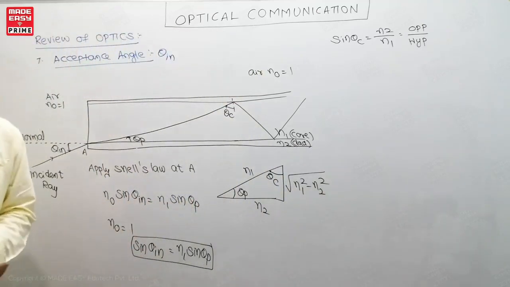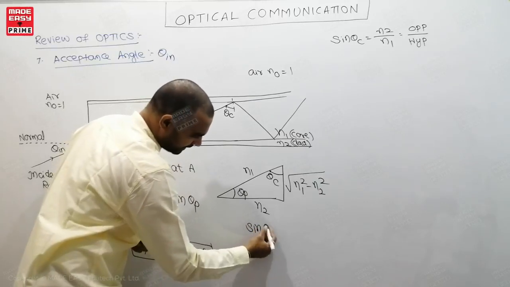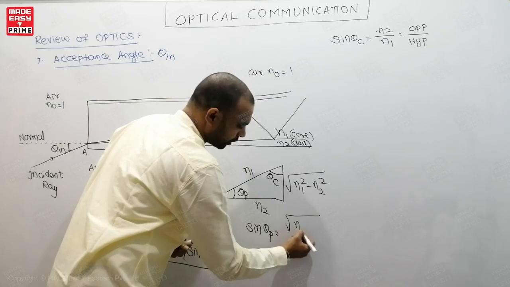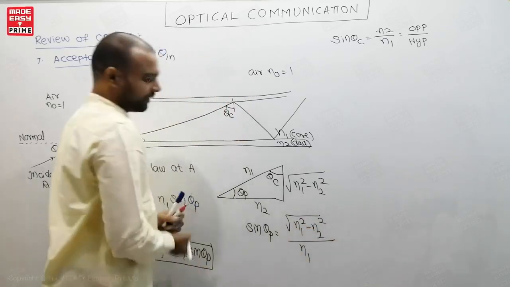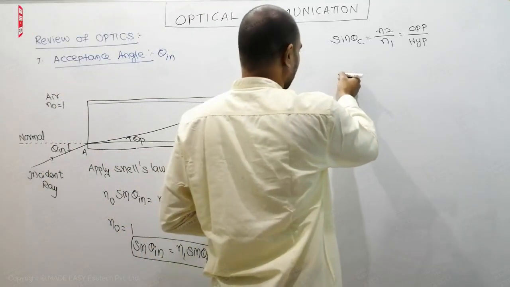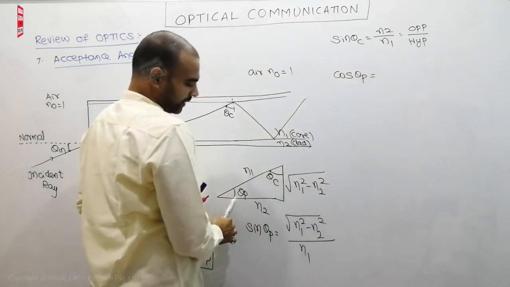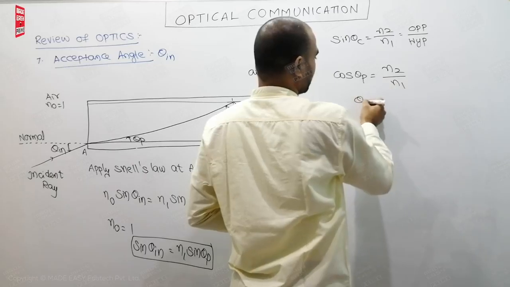From this triangle we can write sine theta p as opposite by hypotenuse, that is, the square root of n1 square minus n2 square, whole divided by n1. Similarly, we can write cos theta p, which is n2 by n1.